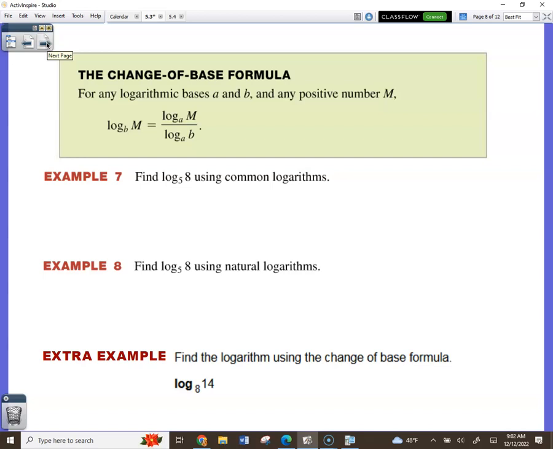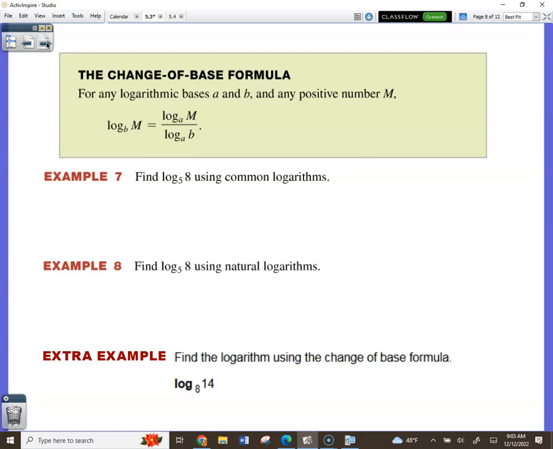This slide was for when calculators didn't allow you to enter non-base 10 logs. Now they do. So this is almost kind of an antiquated formula, but it's still helpful when solving logs and you have to rewrite them.